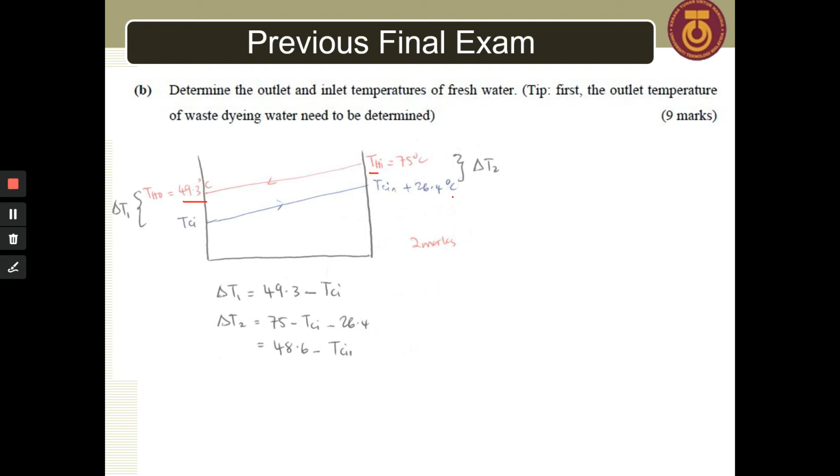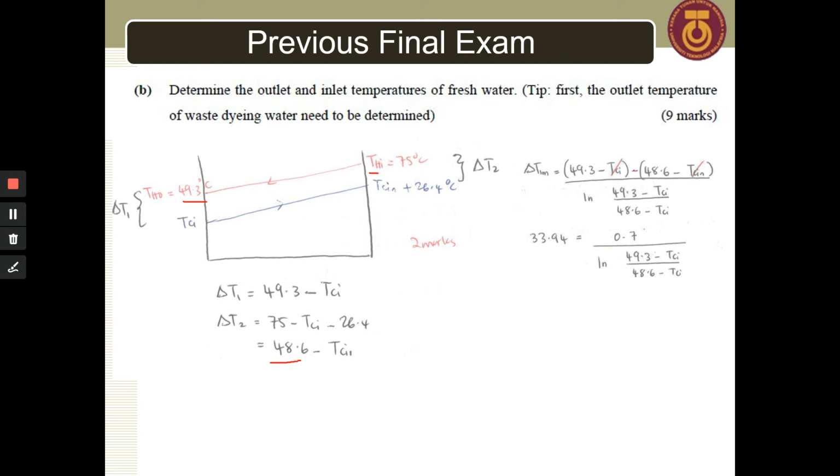Now we can calculate the delta T log mean, which is delta T1 minus delta T2. Delta T1 is 49.3 minus TCI, and delta T2 is 75 minus TC in minus 26.4, which gives 48.6. So we put delta T1 and delta T2 here.